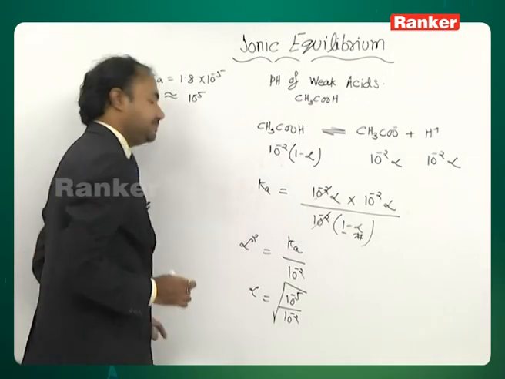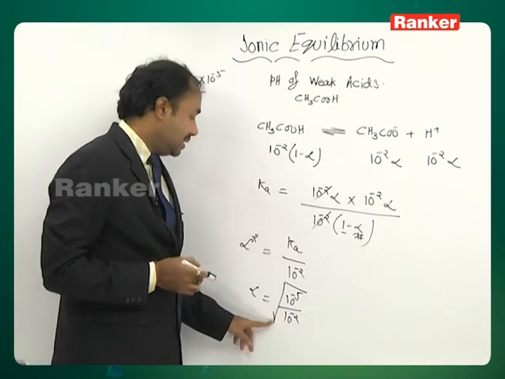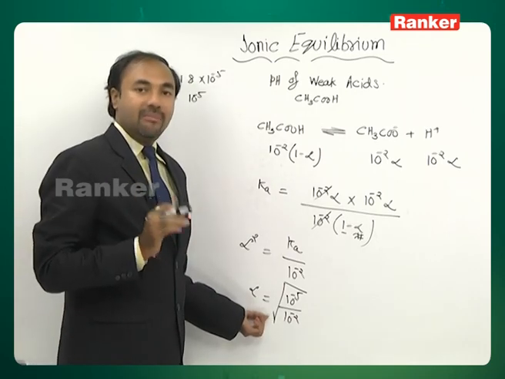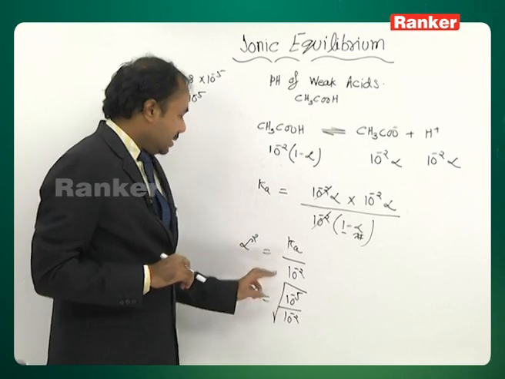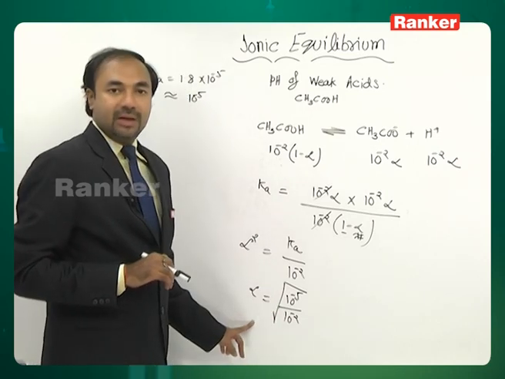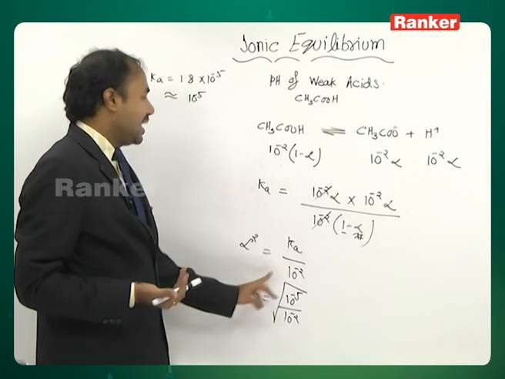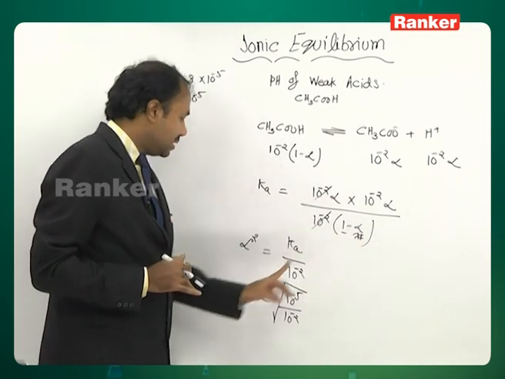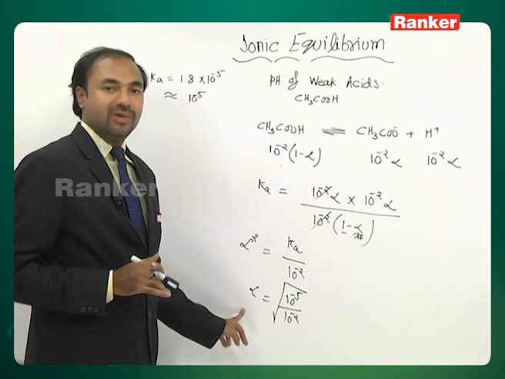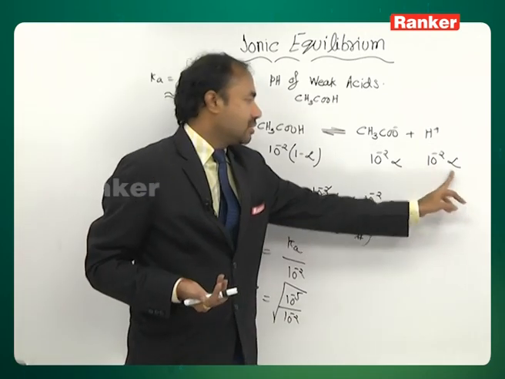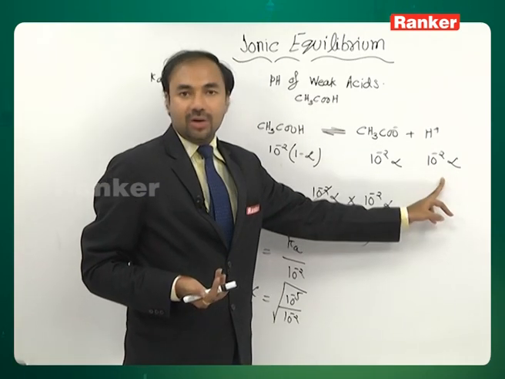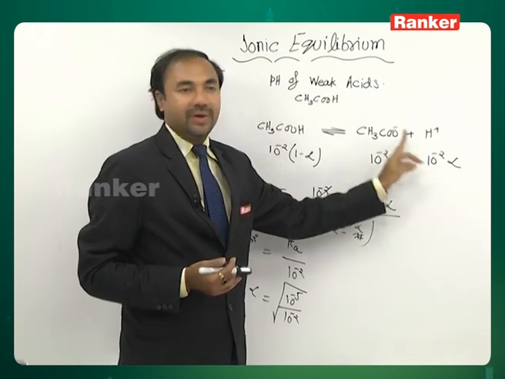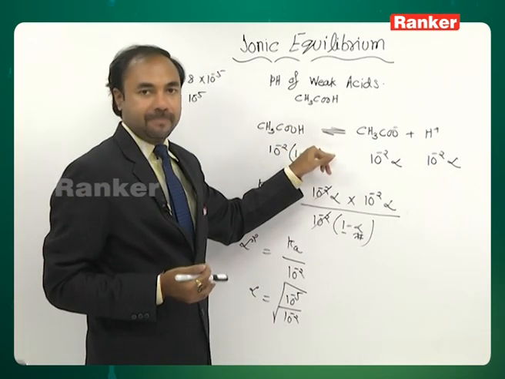You can check from here that the value of alpha will come out less than 0.1. If it is less than 0.1, as we discussed, then our approximation to neglect alpha here is valid, and we simply multiply this value with C to get C alpha, take minus log, and we get the pH of the 10 to the minus 2 molar acetic acid solution.